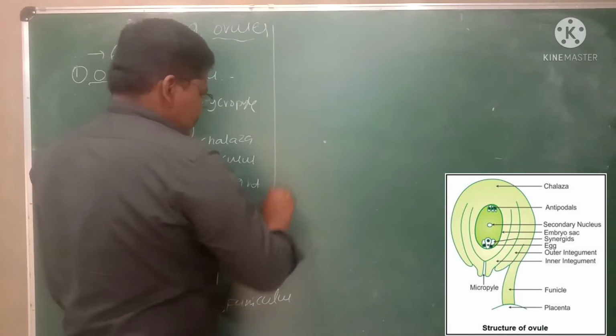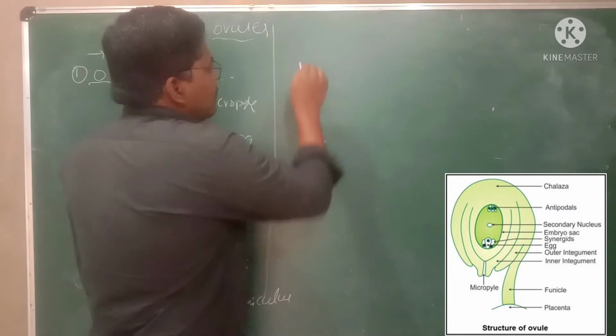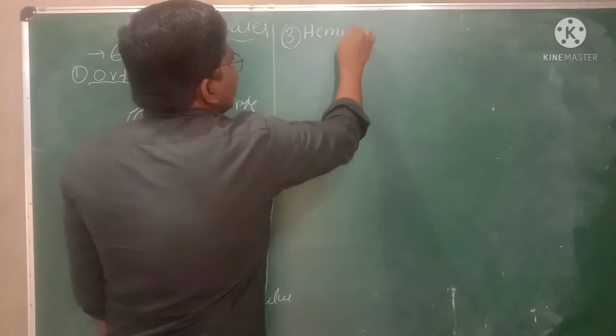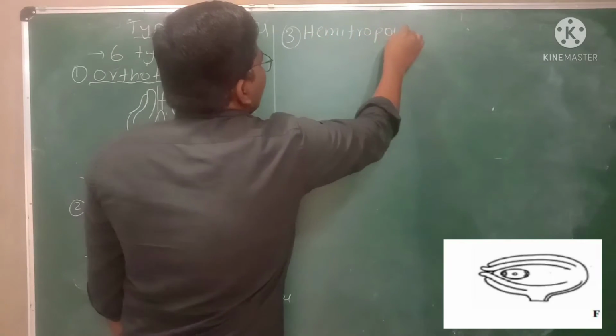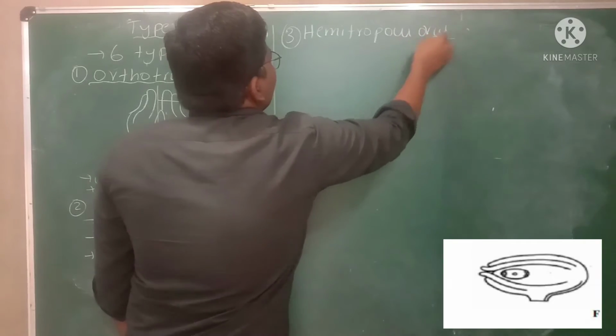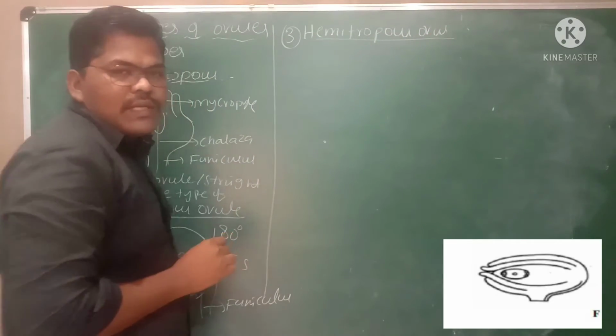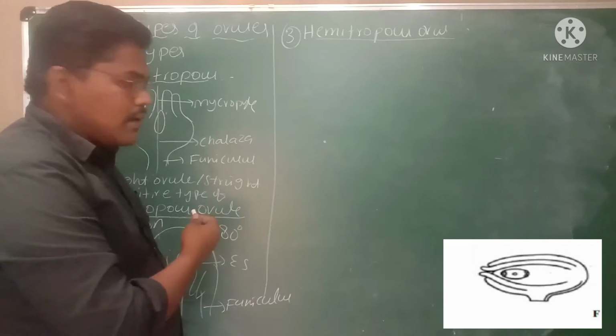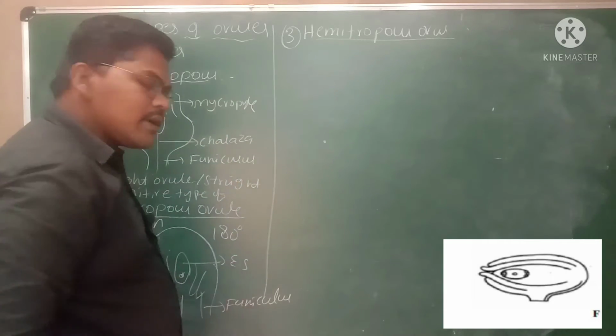Then, after anatropous ovule, the third one is hemitropous ovule. Hemitropous ovule is the ovule which is present in between the orthotropous ovule and anatropous ovule.